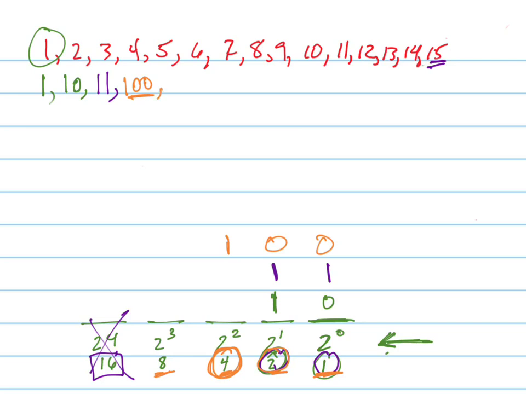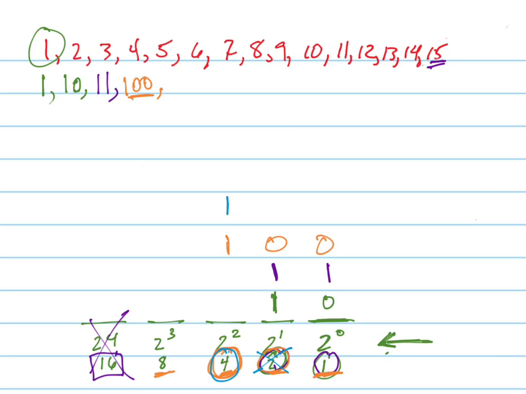What do I need? You need 2 to the second. I need 1 of these. And do I need any of the 2s to the first? I don't need any of these, right? Well, you do. Nope, because 4 plus 2 would be 6. Well, you need 1 of them.